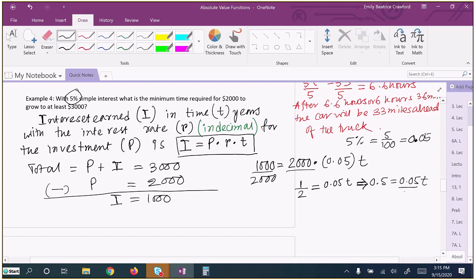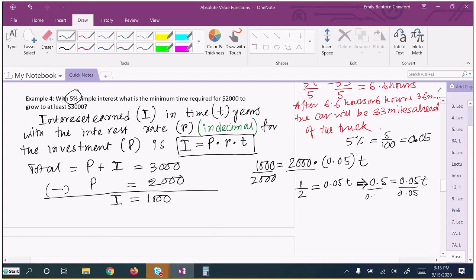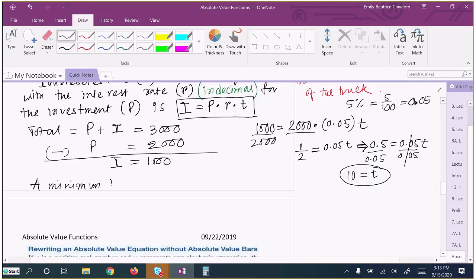Now I divide both sides by 0.05. These will cancel each other, and 0.5 over 0.05 is going to be 10. So the required time is 10 years. So we'll say a minimum time of 10 years is required.